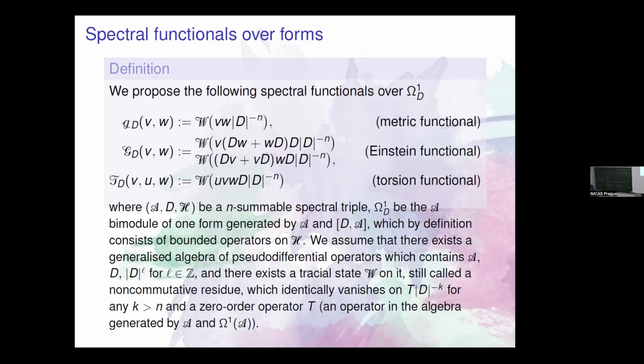And then there's a third functional, which we call torsion functional, which, as you can guess, will tell you whether the Dirac operator you work with has a torsion. So whether it comes from a connection with torsion.